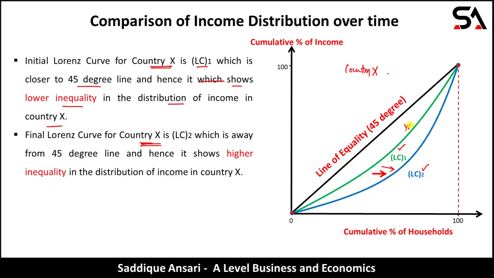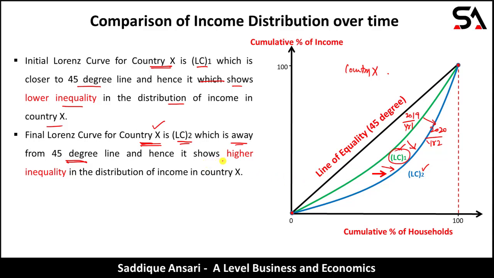This is for year 1, consider it for 2019. This is for year 2, consider it for 2020. So over the period of 2019 to 2020, the Lorenz curve has shifted away from the 45-degree line. So the final Lorenz curve of country X is Lorenz curve 2, which is away from the 45-degree line as compared to LC1.